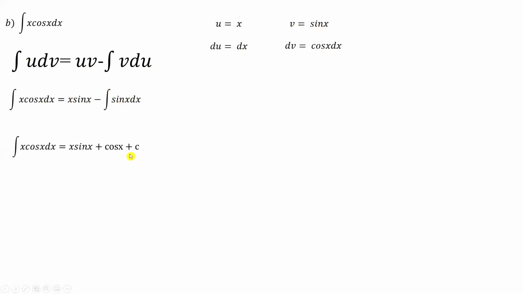And then we'll verify this because again, this looks a little too much like magic. So our function x sine x plus cos x plus c, take the derivative, we use the product rule: derivative of first times second, plus first times derivative of second. The derivative of cos is minus sine, these two will eliminate, and our answer is x cos x. Well, that's what we were trying to integrate. Magic.